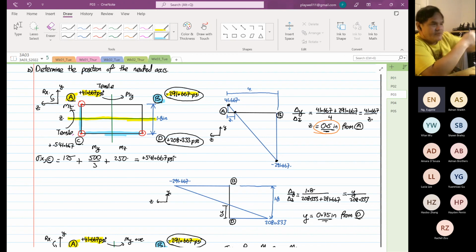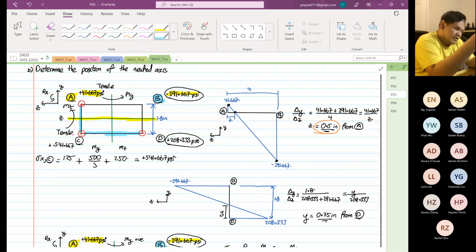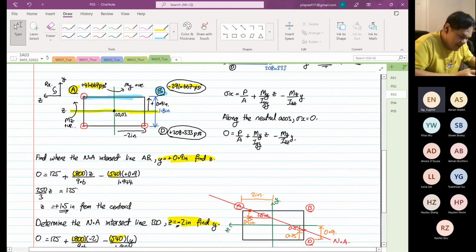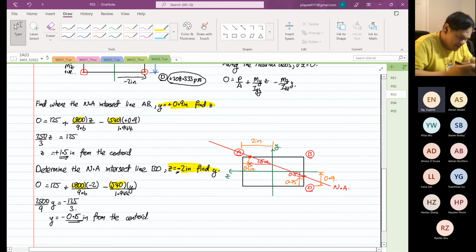So from here, we know that the neutral axis cannot intersect AC or CD. Does that make sense? I mean, unfortunately, mathematically, you will get an answer. Okay, but the answer doesn't mean anything at all.